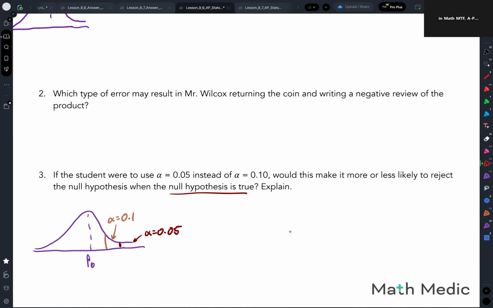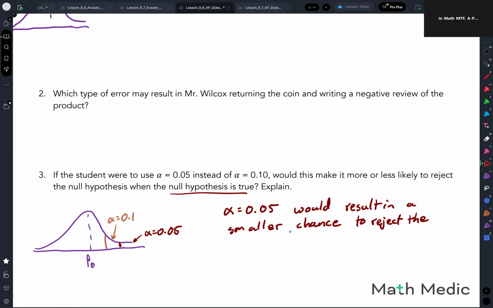The null hypothesis is true, but we're rejecting. Alpha equaling 0.05 would result in a smaller chance to reject the null hypothesis.